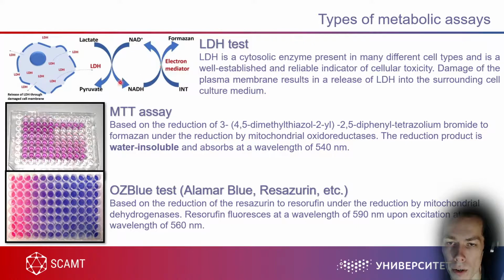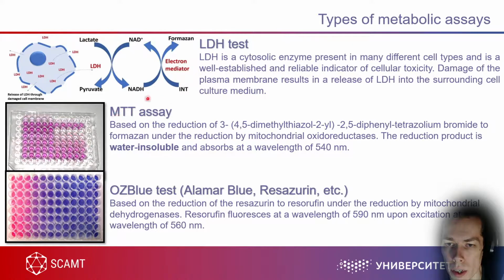Well, after interaction, after oxidation of NADH, you will absorb some additional electrons, which can produce some colored compound, as well as in an MTT assay. But the MTT assay is an assay assessing some work of mitochondria.